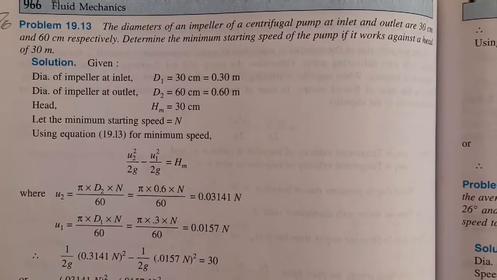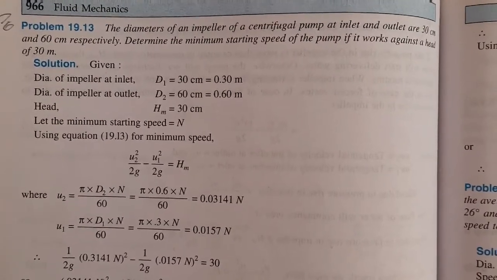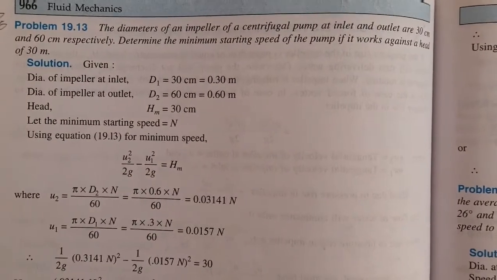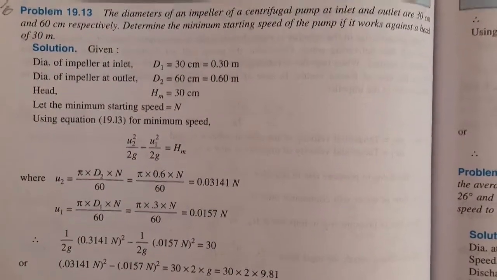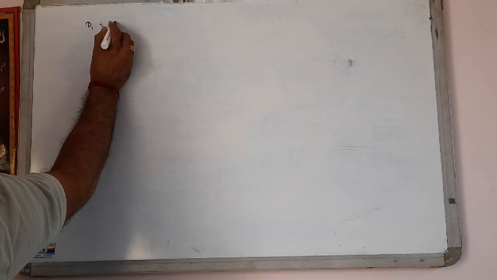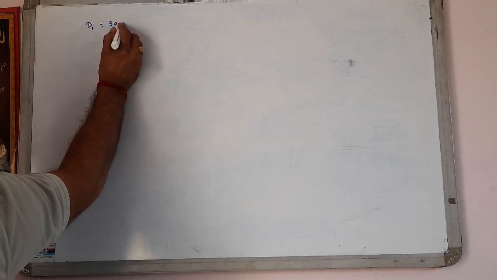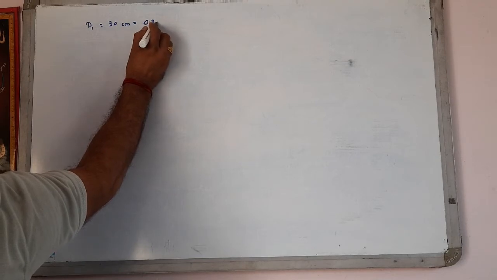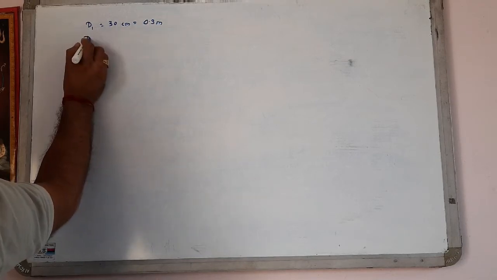Determine the minimum starting speed of the pump if it works against a head of 30 meter. Here the data given are: diameter of impeller at inlet D1 equal to 30 centimeter, equal to 0.3 meter.